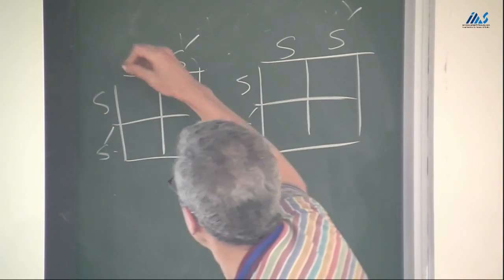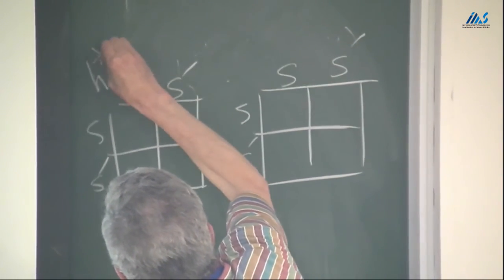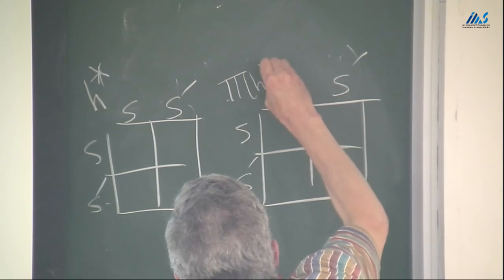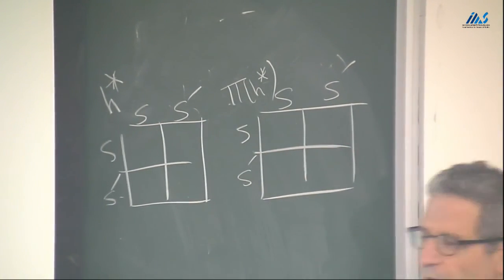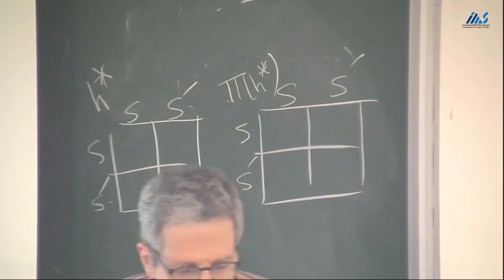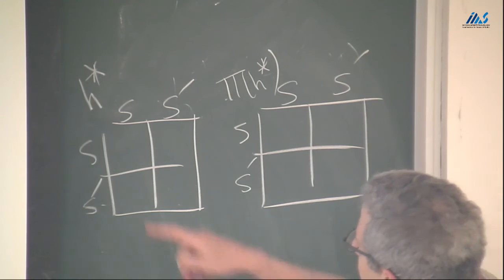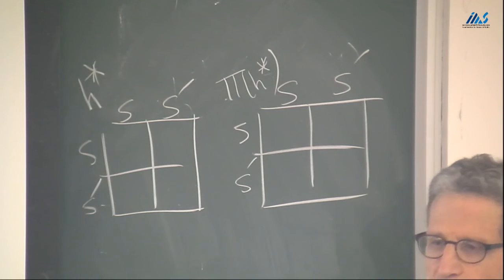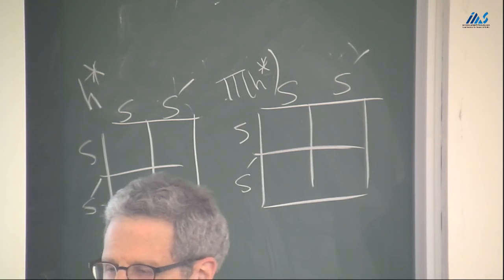And the relevant histories to start from are H star and pi of H star, which are equally likely from the standpoint of player 1. S against itself gets this worst continuation payoff.